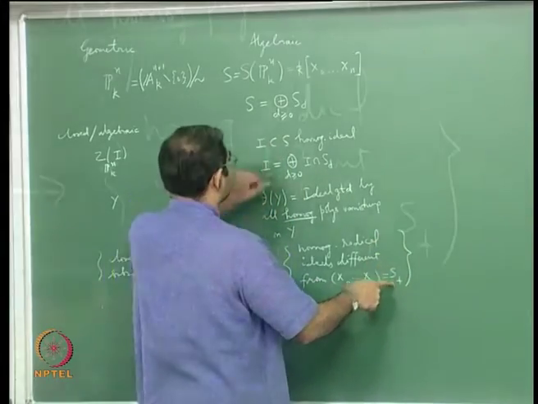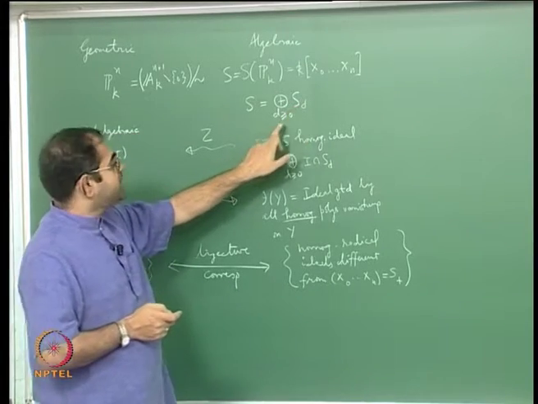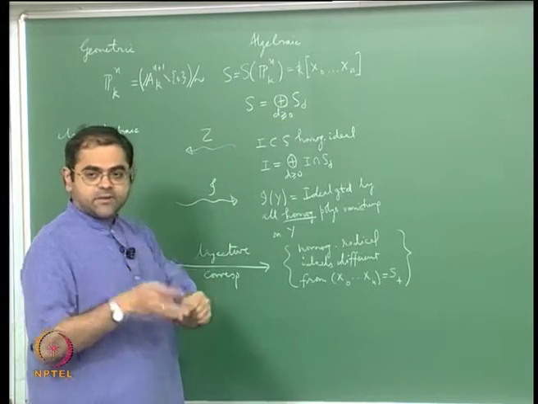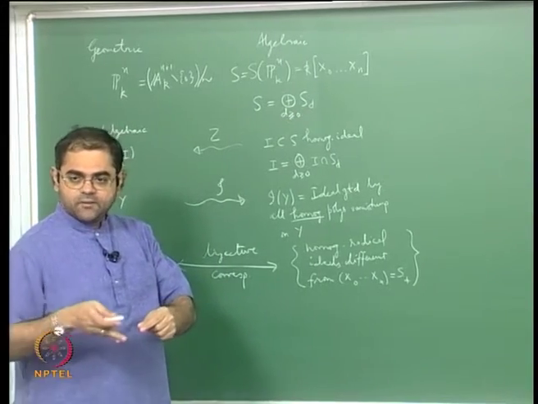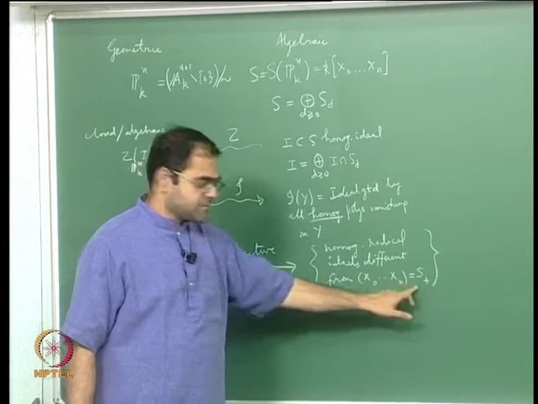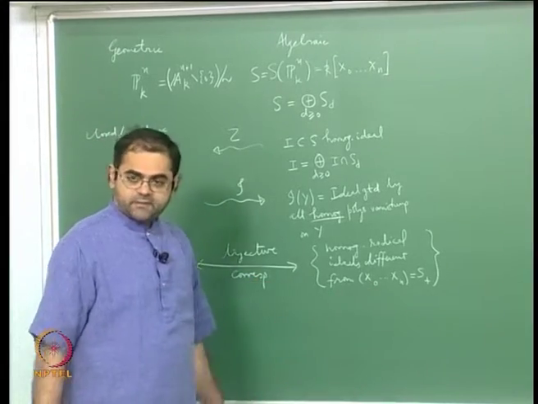It is written as S plus because it is the direct sum of all the S_d for d positive. If you take S_1 direct sum S_2 direct sum, and so on, what you will get is exactly the ideal generated by all the variables. So it is written as S plus, and this is called the irrelevant maximal ideal.